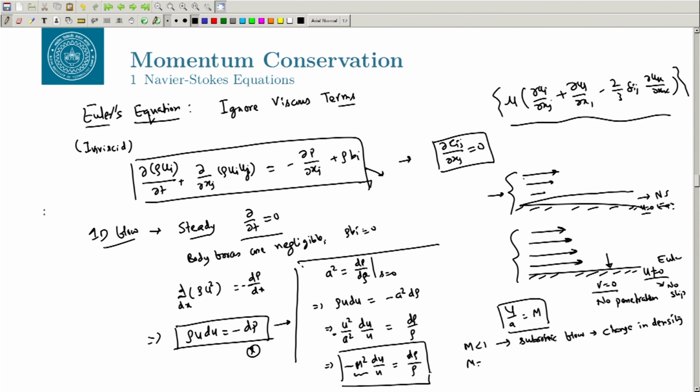When Mach is equal to 1, which is the sonic flow, your change in density is basically equal to the change in velocity. If you change the velocity by a certain amount, the density will also proportionally change by the same amount. And when M is greater than 1, then it is supersonic flow.